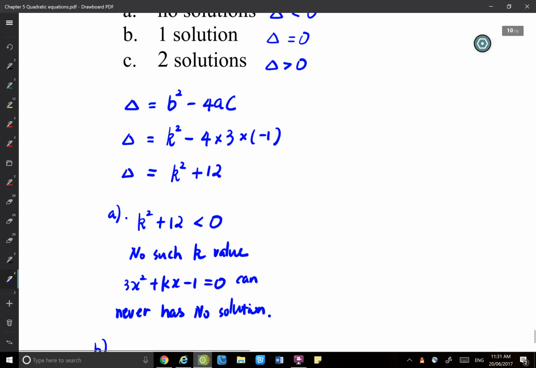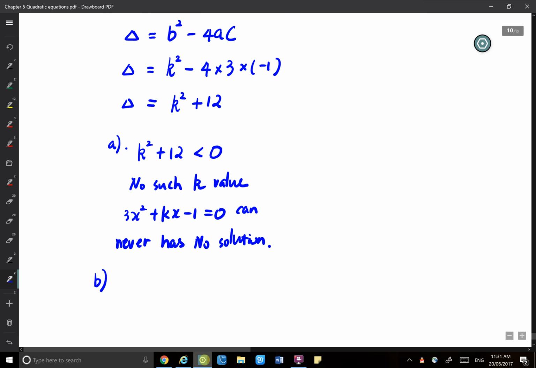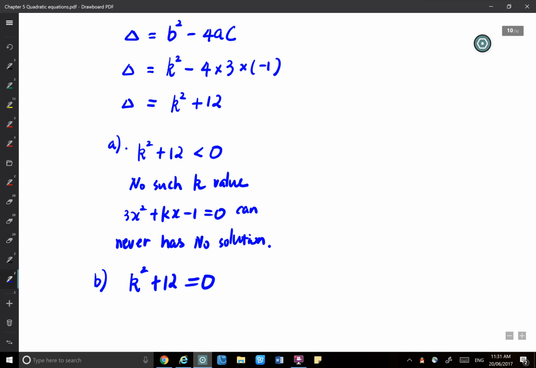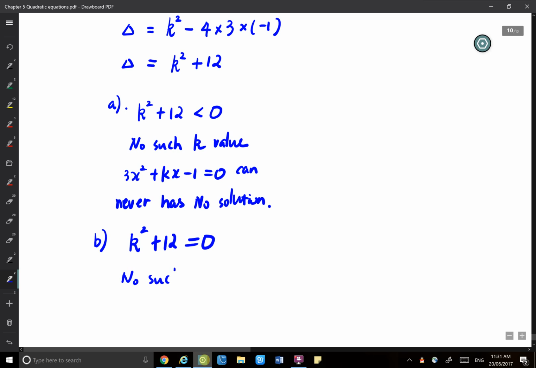Okay. So for B, one solution needs k squared plus 12 to equal 0. Is that possible? No. It's still positive. The minimum value of k squared is 0, and then you plus 12, so the minimum is 12. Therefore, we have no such k in this case as well.